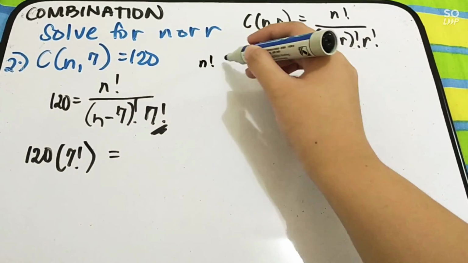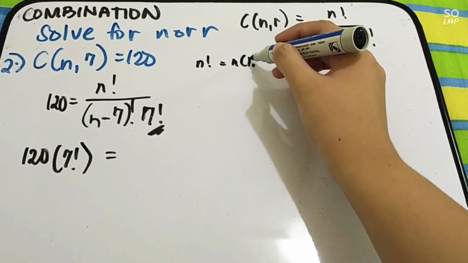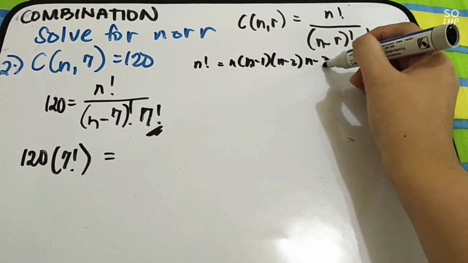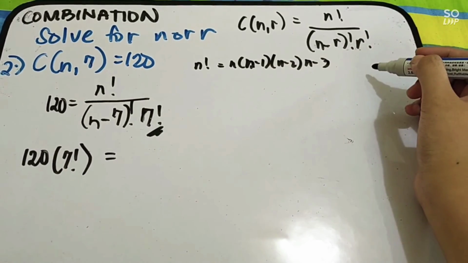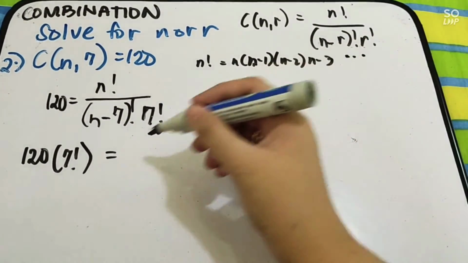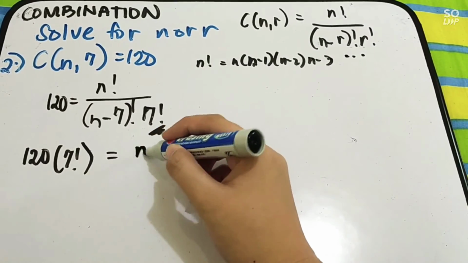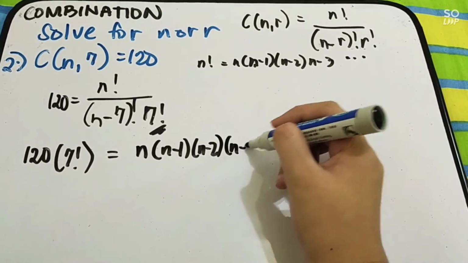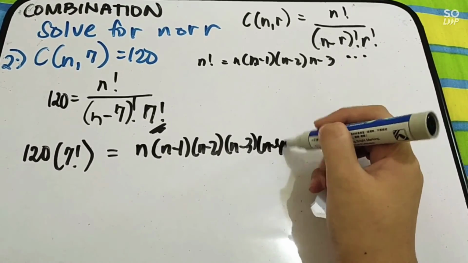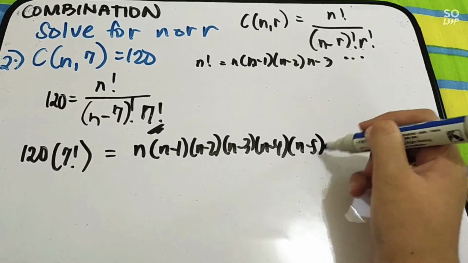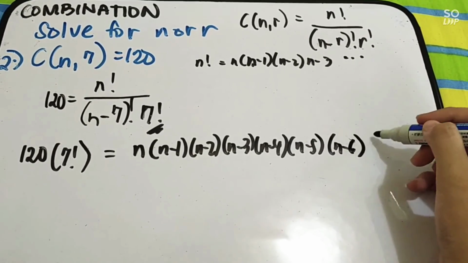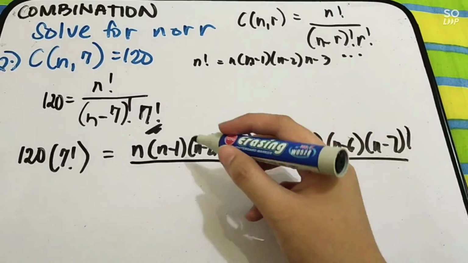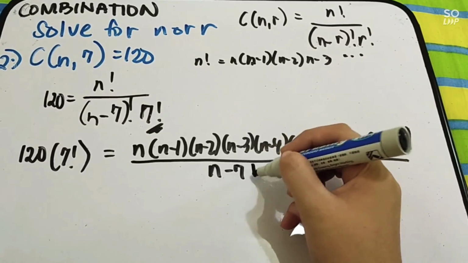Diba? Ang n factorial natin ay n times n minus 1 times n minus 2 times n minus 3 hanggang sa makarating ka dito sa n minus 7. Diba? So, we have n factorial, that is n times n minus 1, n minus 2, n minus 3, times n minus 4, times n minus 5, times n minus 6, times n minus 7 factorial, over n minus 7 factorial.